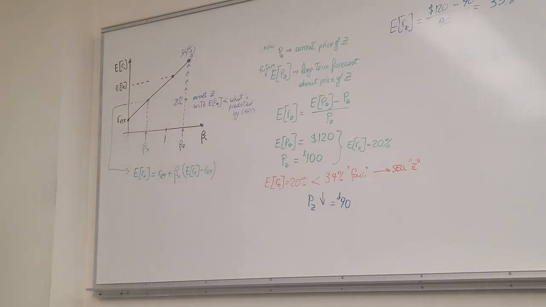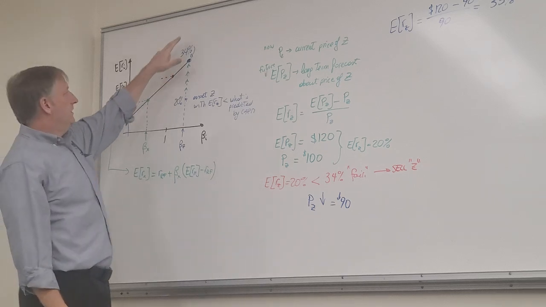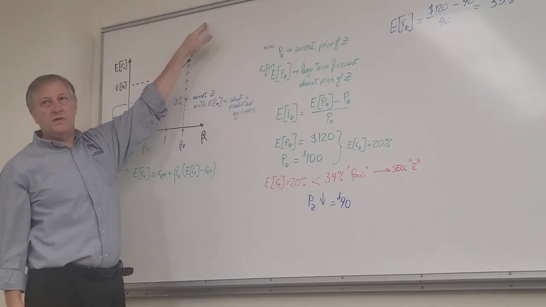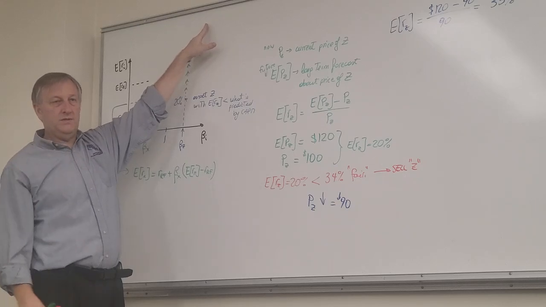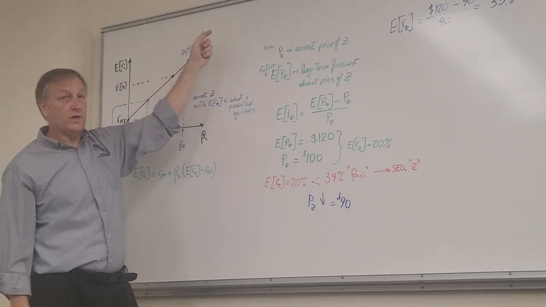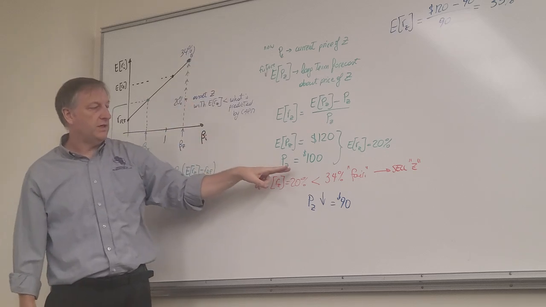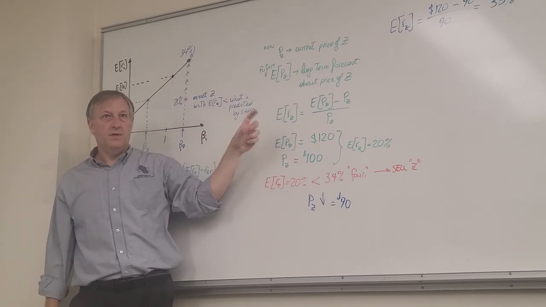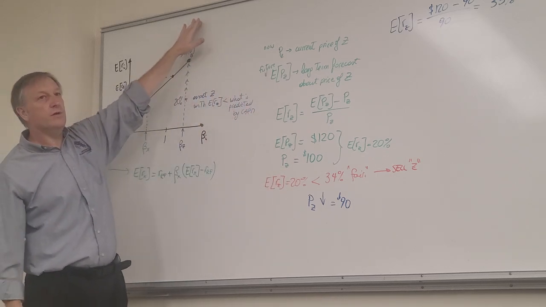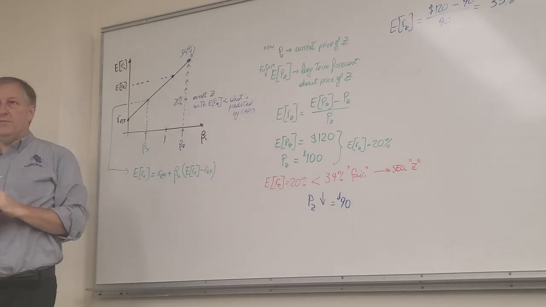Does it make sense? The same thing could happen if the asset is producing a return that is too high for what it should be based on this model. Investors would do what? They would want to buy it. As they try to buy, what happens to the price? They're going to push the price up, and that drives this excess return down towards equilibrium.